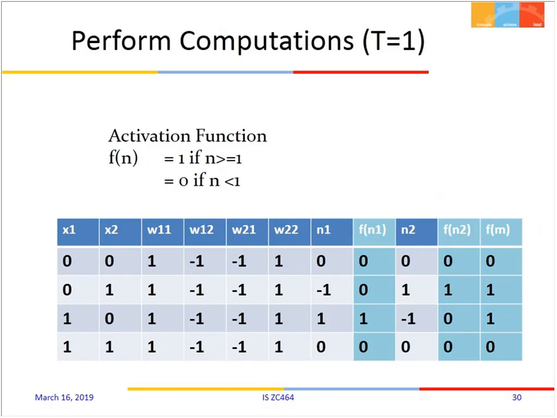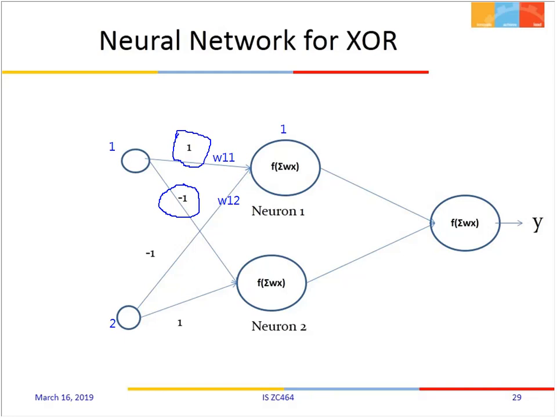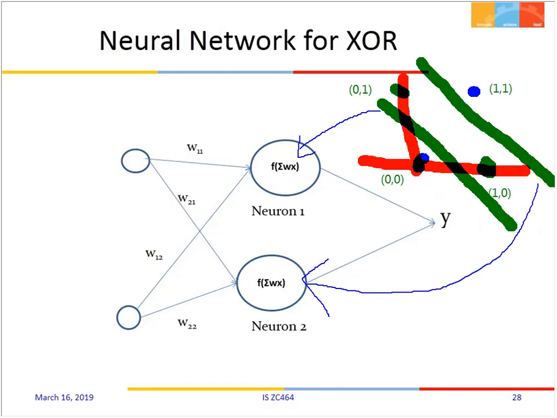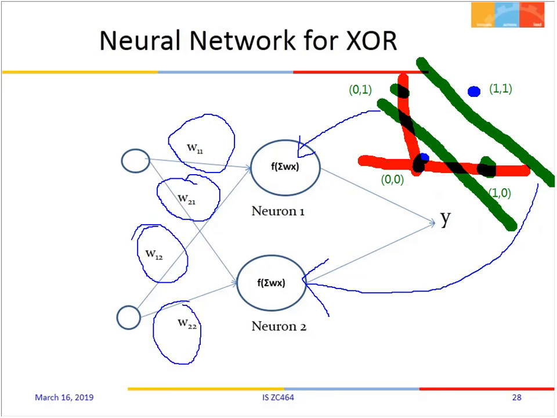N1 is actually the weighted sum. So if I go back here, you can see that the names of these W's are W11, W21, right? And then this one is W12 and W22. W11 relates the first input neuron to the first processing neuron, W21 relates the second processing neuron to the first input neuron, right?